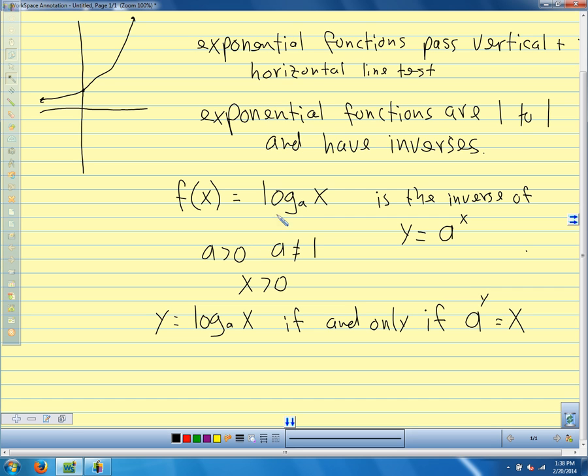You can think of the logarithmic function, rather than log base a, as saying the power of a that gives me x, or the exponent on a that gives me x. The exponent on a that gives you x is y. That's what the logarithmic function is saying.